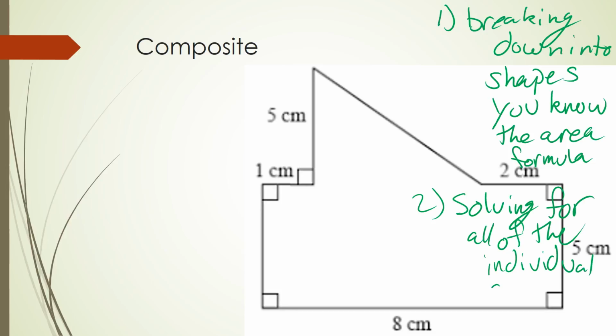And third, because the sum of the whole is equal to the sum of its parts, since we broke it down to the basic parts, we can then just add all the individual areas to give us the whole. Alright, so we're going to be breaking it down into shapes we can use, then we're going to be solving those shapes, and then we're just going to be adding them back together again.